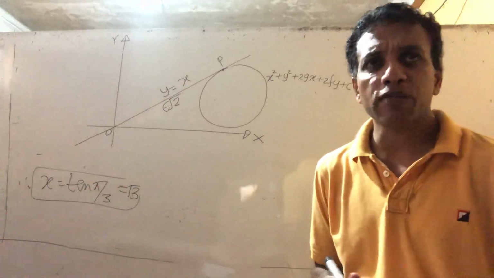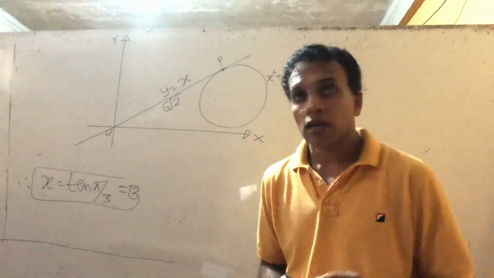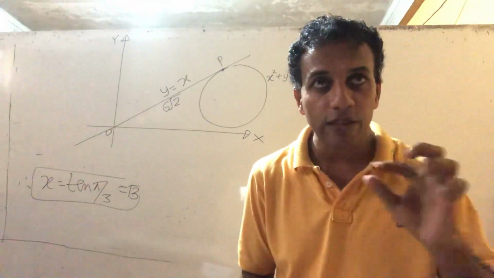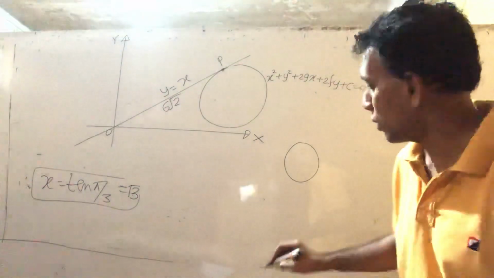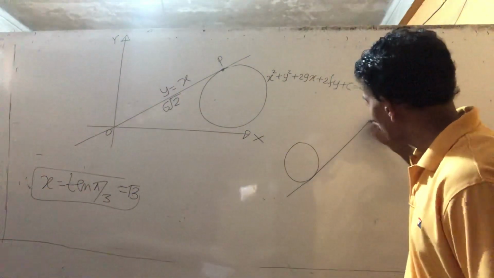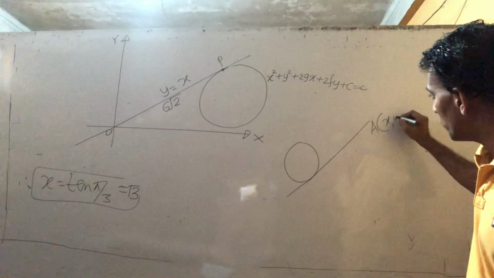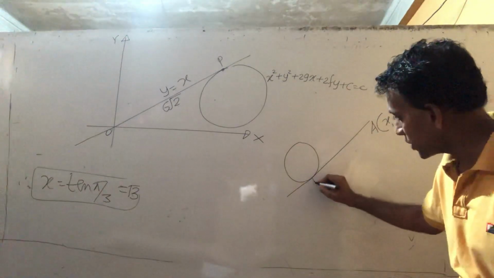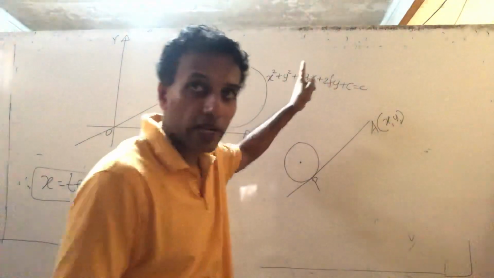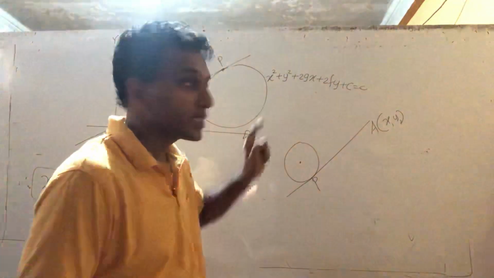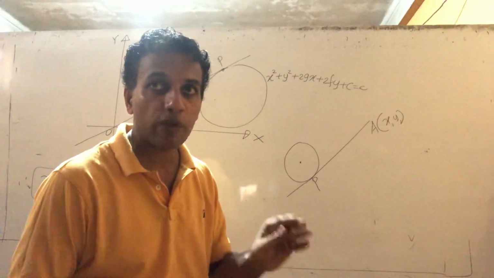But there's a theory part in the coordinate geometry circle chapter: how to find the length of the tangent. If I roughly expand the theory part, let's say A is a point with coordinates x1, y1, and the touch point is P. We take the standard general equation of the circle, x square plus y square plus 2gx plus 2fy plus c.